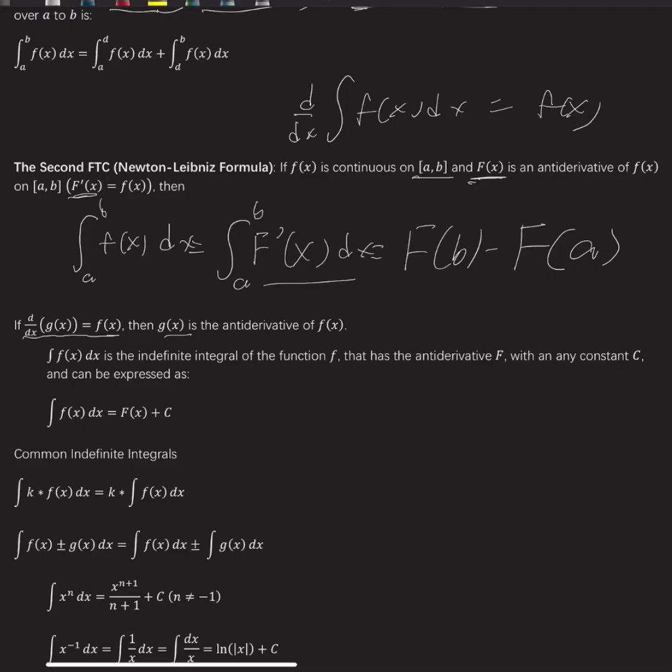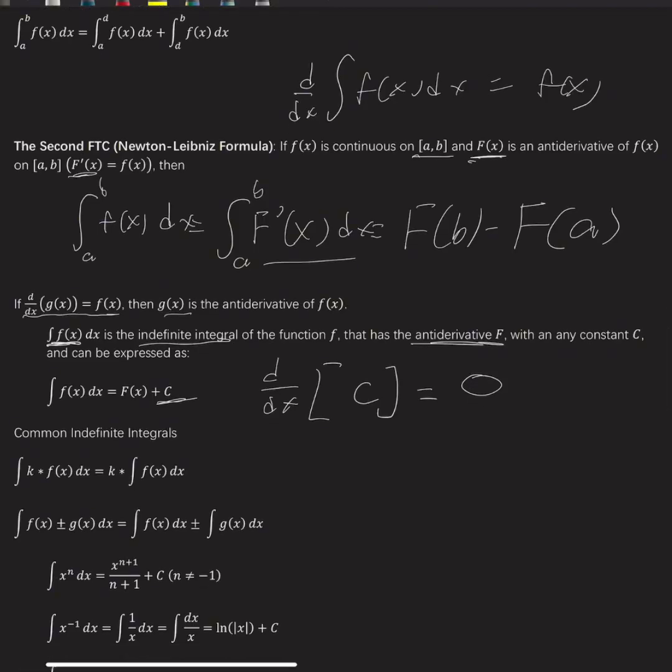And this integral without the limits is called the indefinite integral. The result is the antiderivative, with a constant c. This is because the derivative of a constant c is equal to 0, so when you take the integral, you don't know what the constant is, because the derivative already made it 0.